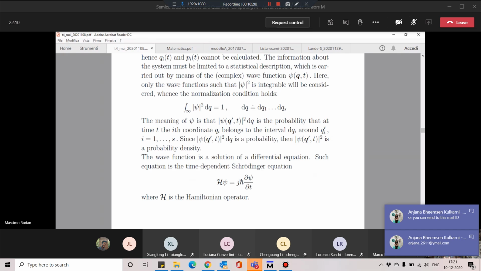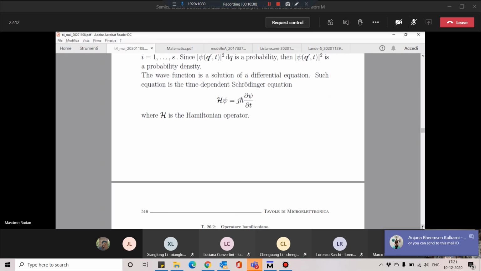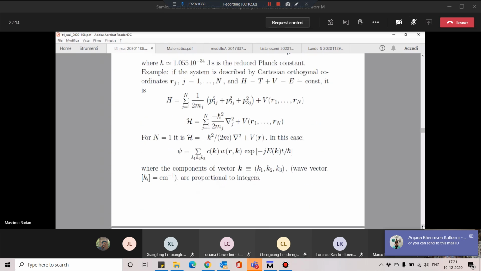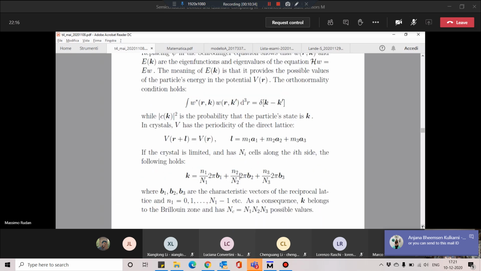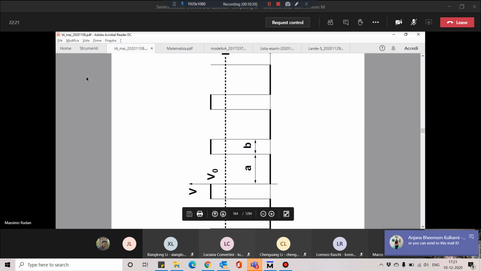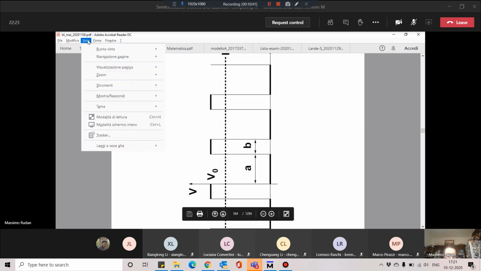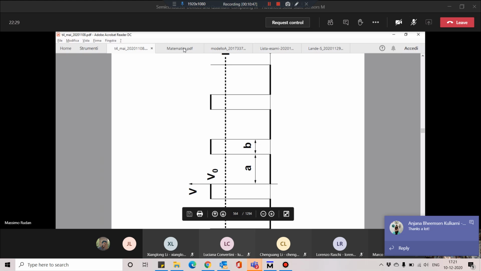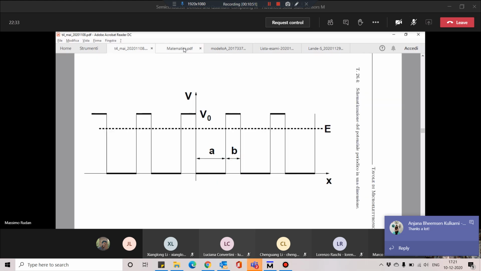Now we have to introduce the simplifications that make it possible to solve the problem analytically. So we take the simplest possible form of a periodic potential energy, something that, as you can see in this figure, is piecewise constant.